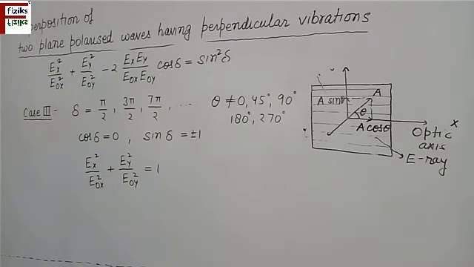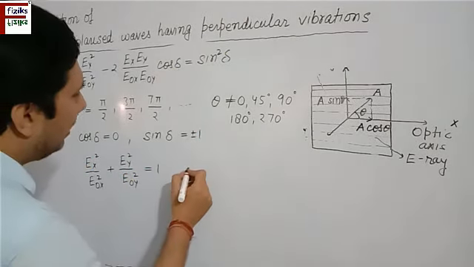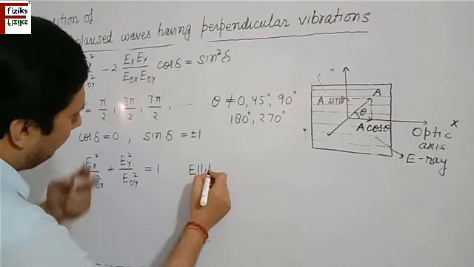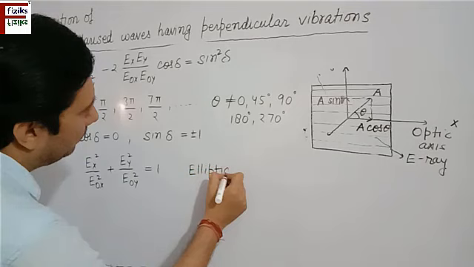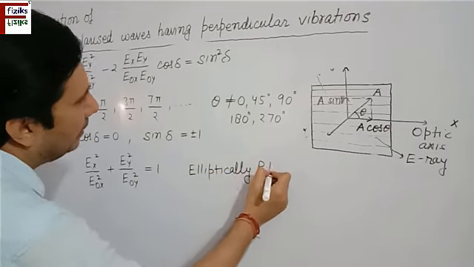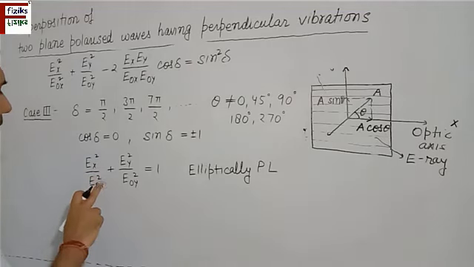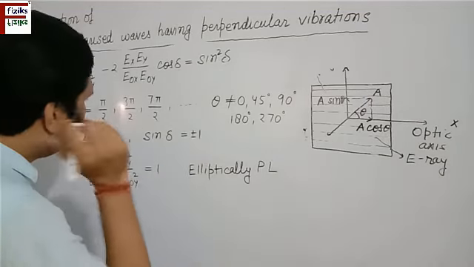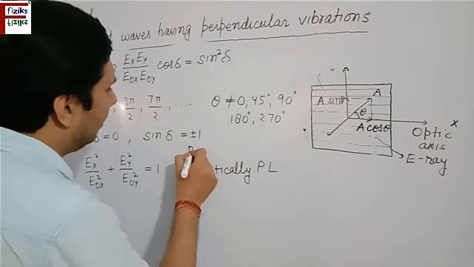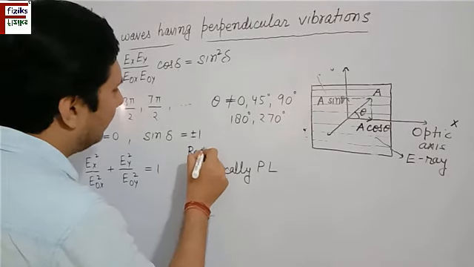This is the equation of an ellipse, so on the emergent side we will have elliptically polarized light, more correctly rectangular elliptically polarized light.